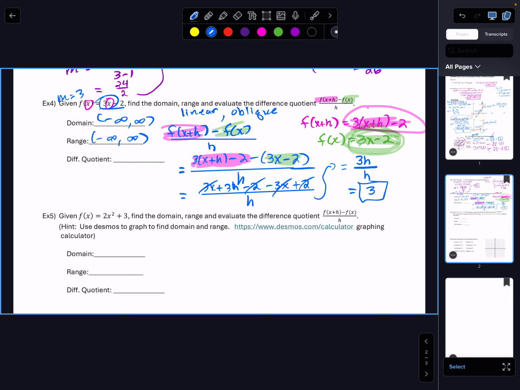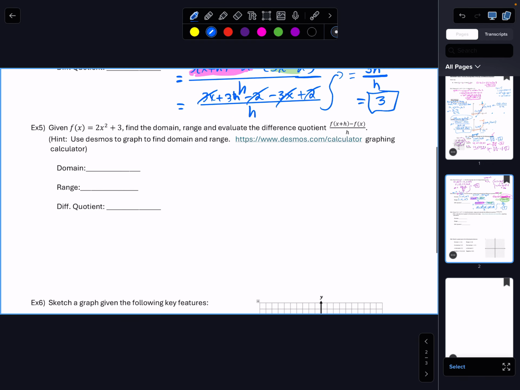Now, in example 5, we're changing to a quadratic function. Now, if you don't know what this looks like, go to desmos.com, calculate, and choose a graphing calculator and plug in 2x squared plus 3 and see what it looks like. But you've been taught parabolas before.